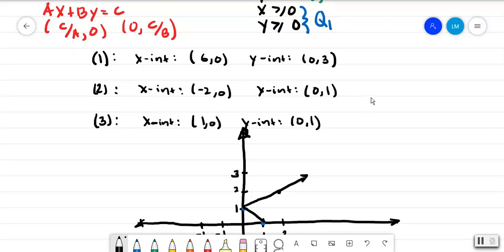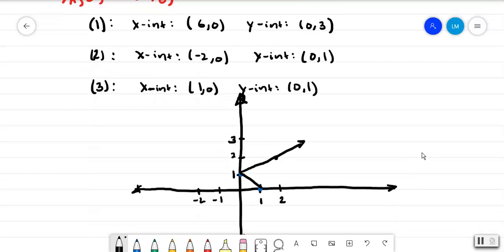Okay, so let's do it like this. This right here is going to be 6. Essentially this point of intersection right here happens to be at the ordered pair 2, comma 2.